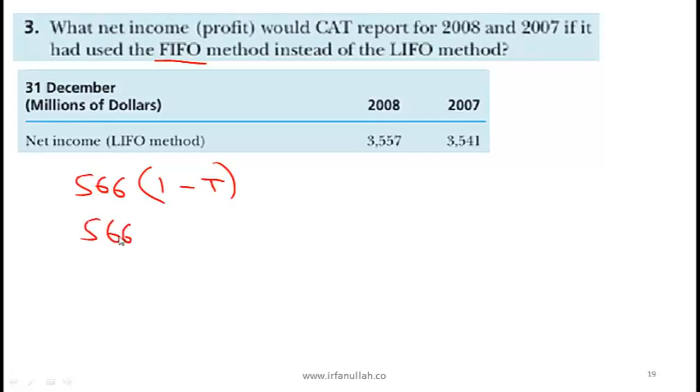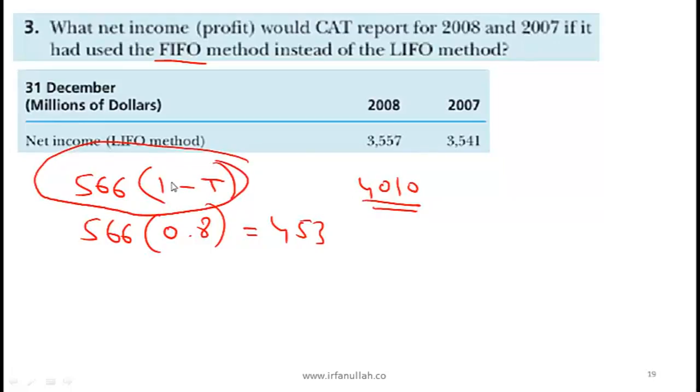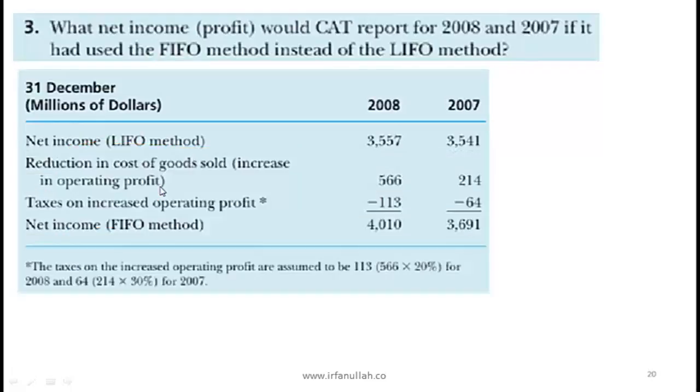So you have 566 into 0.8, which is 453 approximately. And then that means that your net income according to FIFO would be 4010. Okay, so that's higher, and it is higher by the change in LIFO reserve into 1 minus T. I like the way the curriculum has done this.